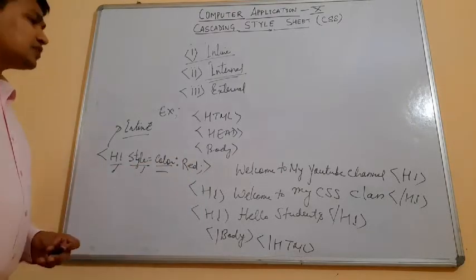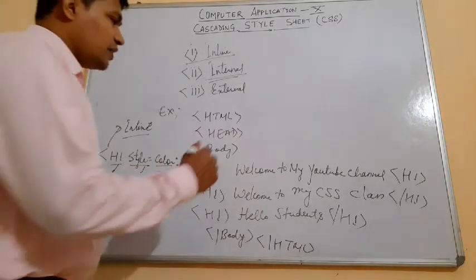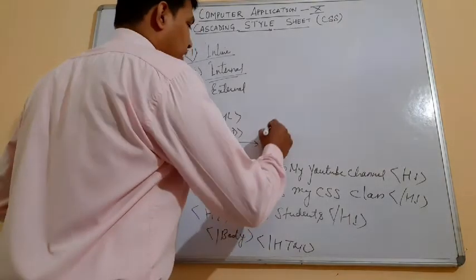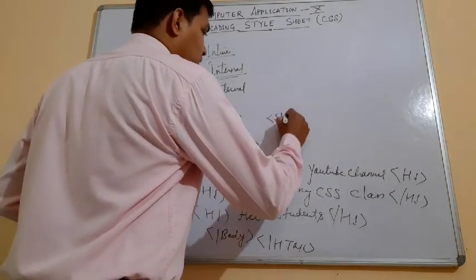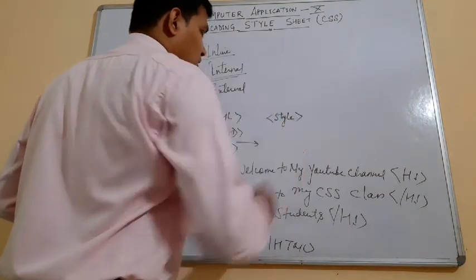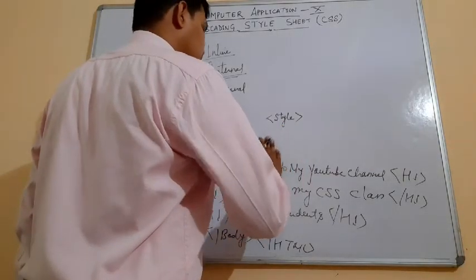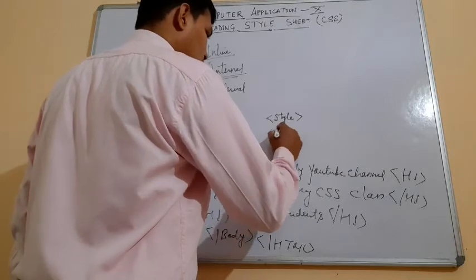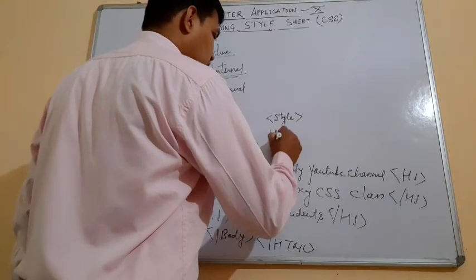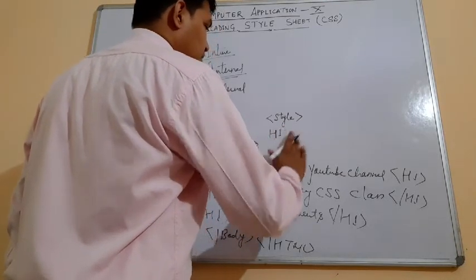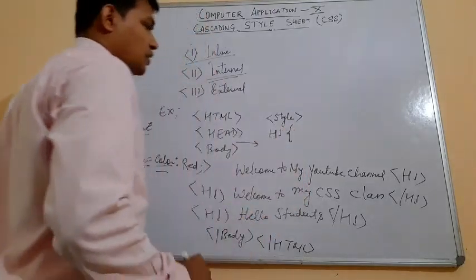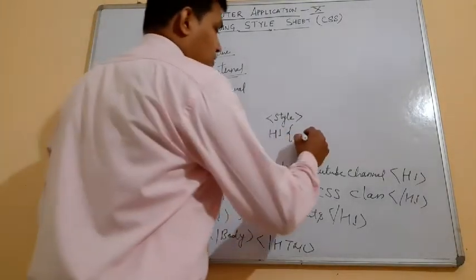But in the case of internal, after the head tag you have to open style. Then you have to use H1 because H1 is your selector. Then use color equal to red.